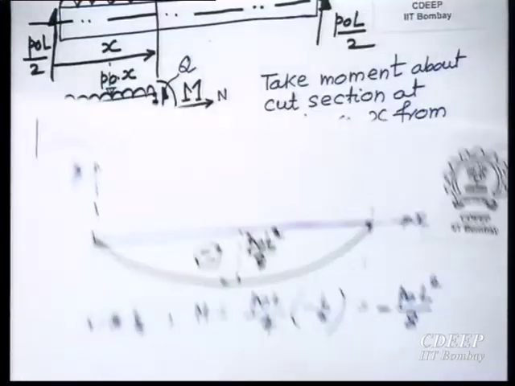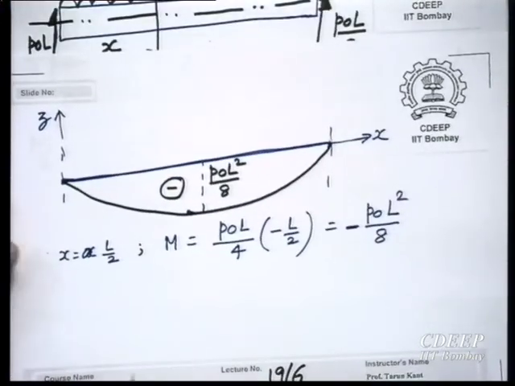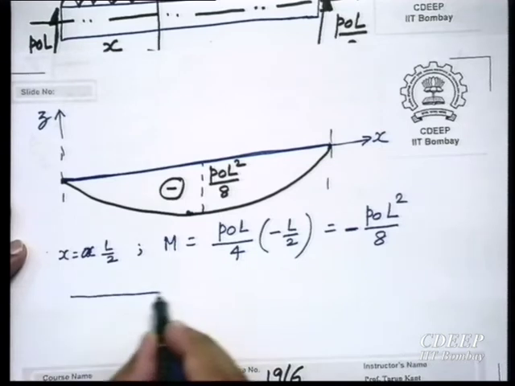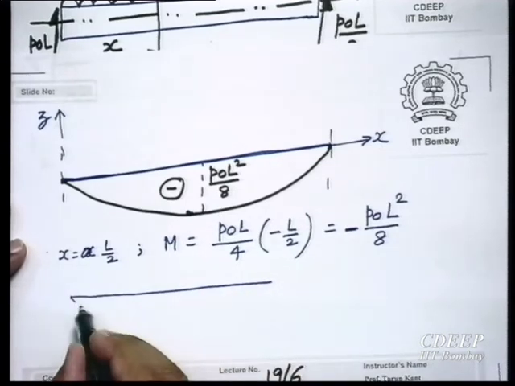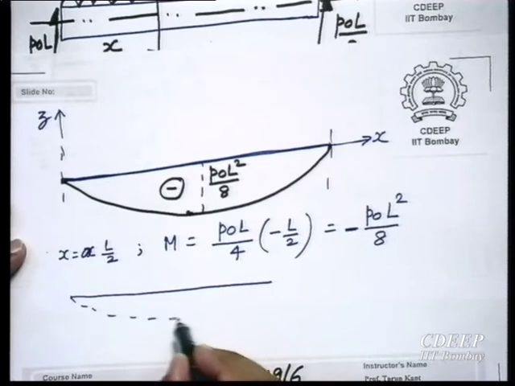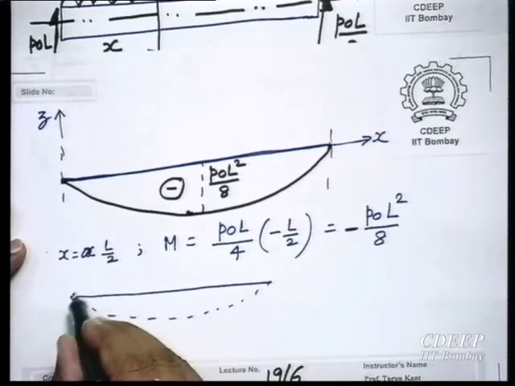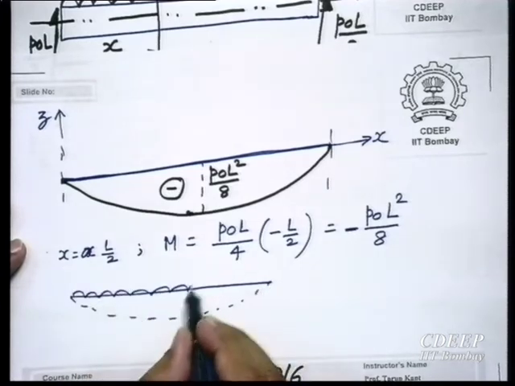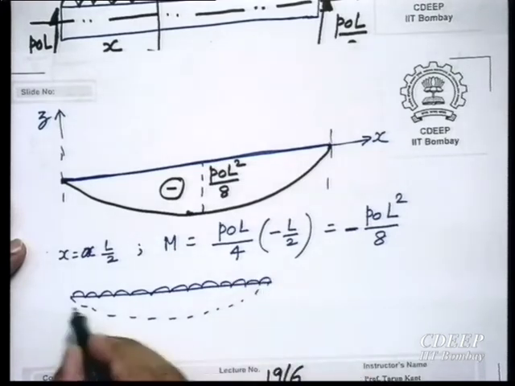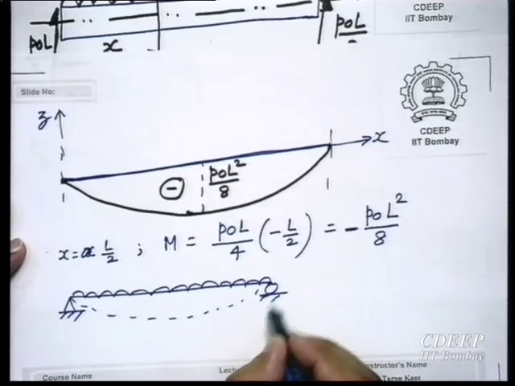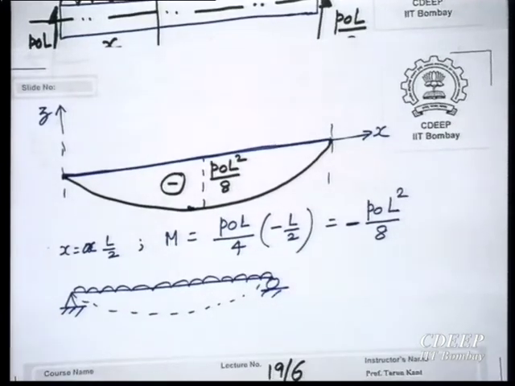Now, when you have a loading like this, what is the kind of deflected profile of the beam? It deflects like this. When the load is there, the beam deflects like this.